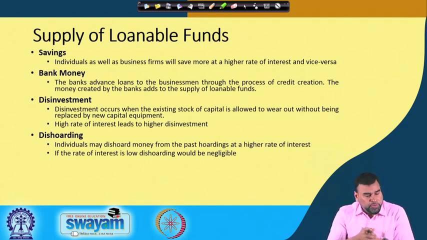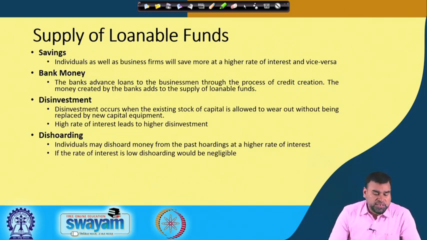Then another factor we have is disinvestment. When does disinvestment occur? It occurs when the existing stock of capital is allowed to wear out without being replaced by new capital equipment. We do not want to invest, that means we do not want to replace the existing capital with new capital.